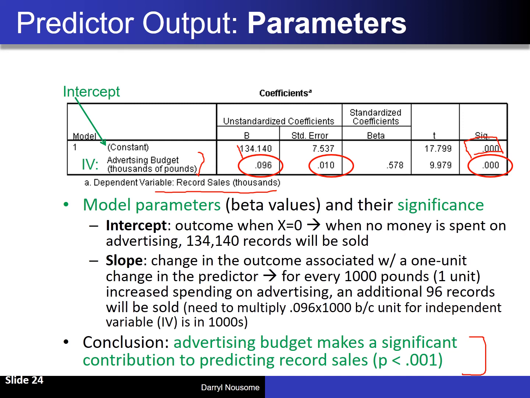So 0.096 divided by 0.01 will give you a t-statistic of 9.97. Same thing with the intercept, or the constant: the 134 divided by the 7.537 gives you your t-statistic here.